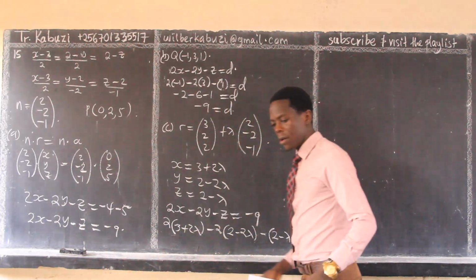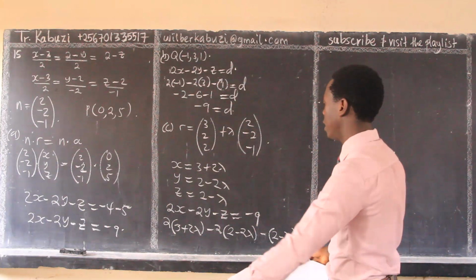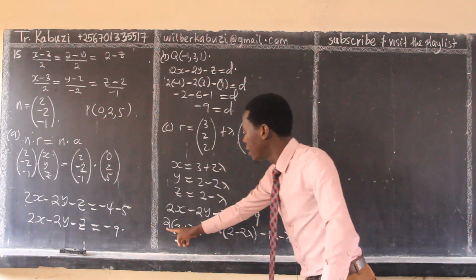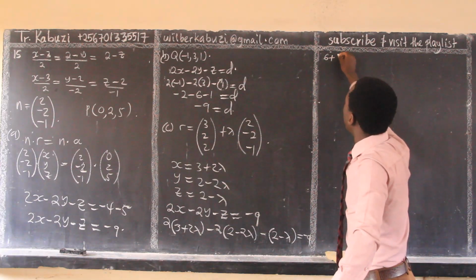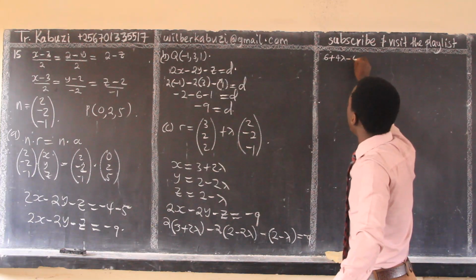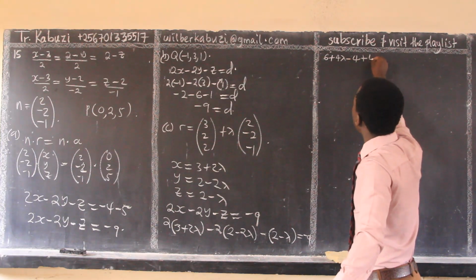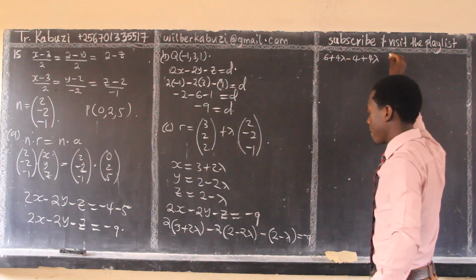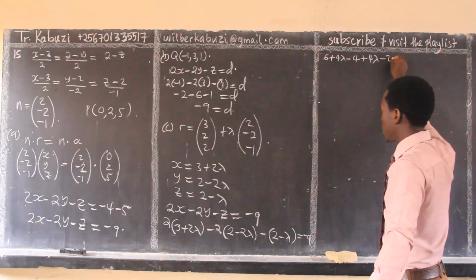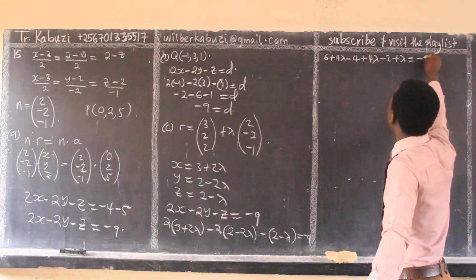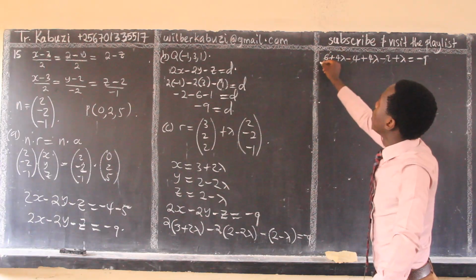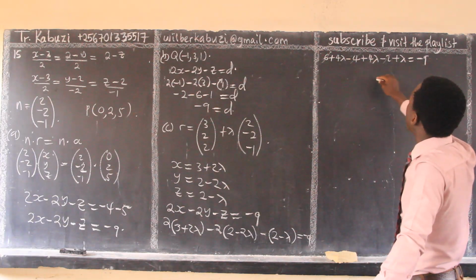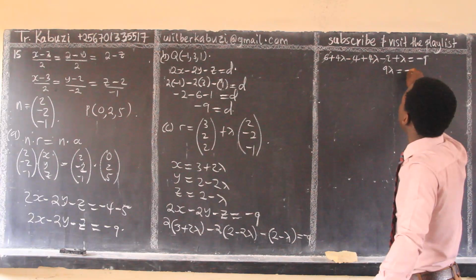Then all that is left is to simplify. So this will be 6 plus 4 lambda minus 4 plus 4 lambda minus 2 plus lambda equals negative 9. So you see, this is negative 6 going with that, 4 plus 4 plus 1, that's 9 lambda equals negative 9. Our lambda is negative 1.